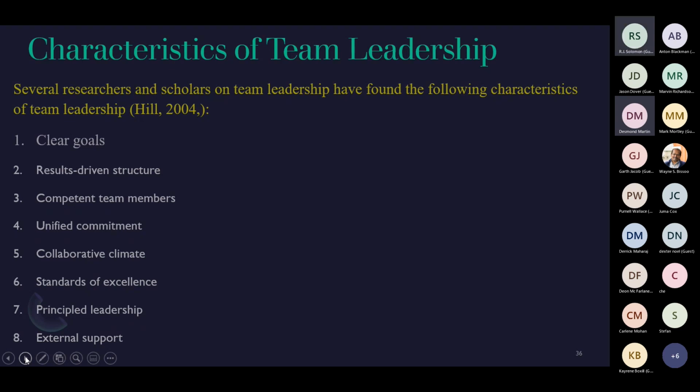The leader establishes priorities, helps team members stay focused on the goals, sustains collaborative environments for the team, and manages performance. External support, where the team is provided with resources, for example money, equipment, supplies, that enable them to accomplish their goals, and is given recognition for their success also. Next slide.